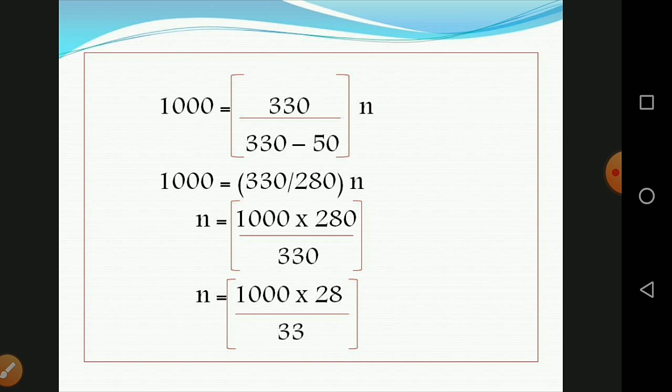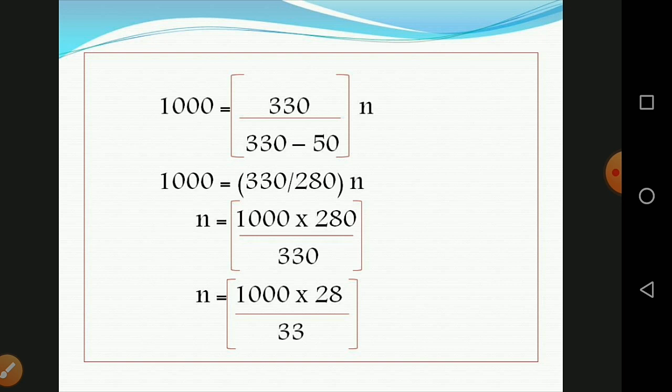So 1000 is equal to 330 divided by 280 into N. So we move the values from the left side. So N is equal to 1000 into 280 divided by 330.